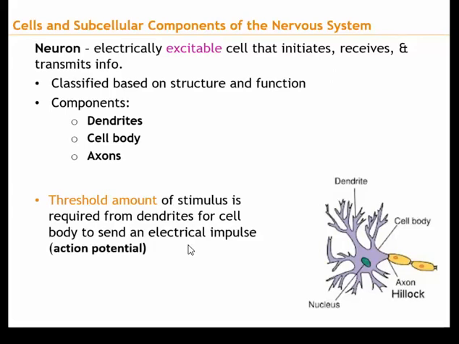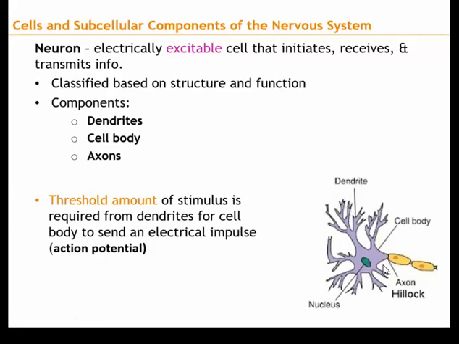So let's talk about something called this axon hillock right here. A threshold amount of stimulus is required, which means it has to be received from the dendrites for the cell body to send an electrical impulse. So let's just say we have a little bit of electrical information that's received by the dendrites.